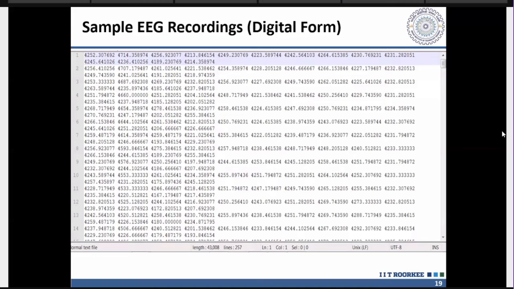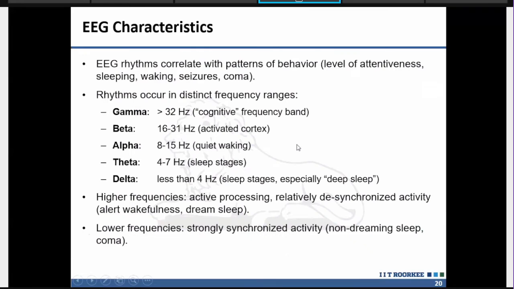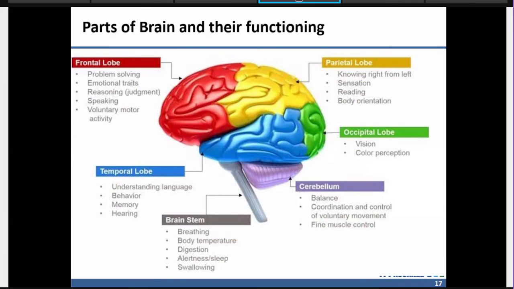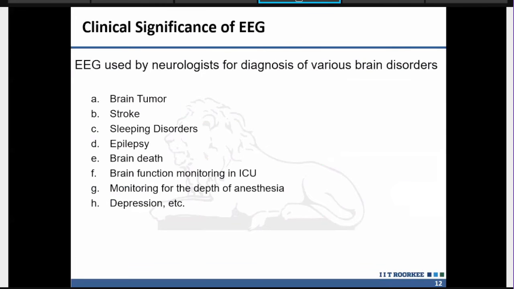So now we have the data, and we have understood how we can collect the data. Now it depends on your objective. As I was saying, there are several applications of this EEG. It could be for brain related disease diagnosis like brain tumors, strokes.